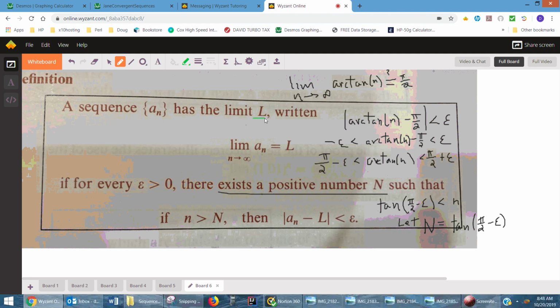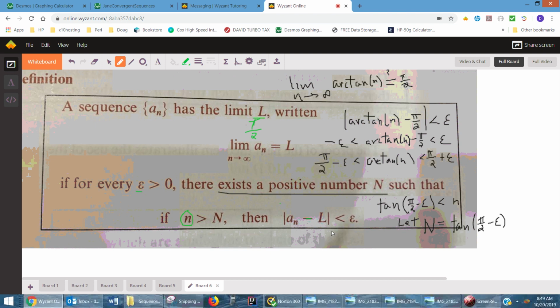If a sequence has the limit L, which in our case we are surmising is pi over 2, if the limit of that sequence as n approaches infinity is L, then if you give me an epsilon greater than 0, and usually we think of epsilon as being a very small number, then there exists a positive number capital N such that when n, which is the number of our term in the sequence, is greater than this positive number N that we found, the difference between our sequence, in our case arctan of n, minus the number that we think is the limit, the distance between those two will be less than epsilon.